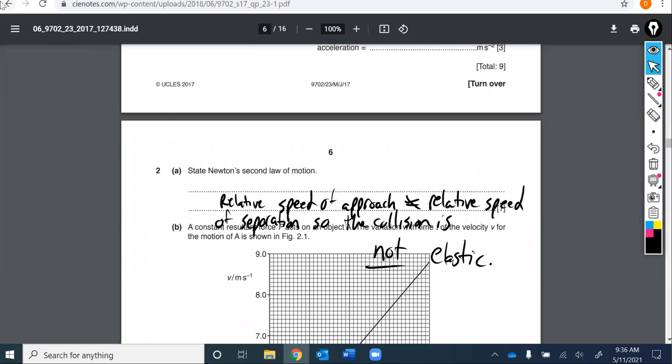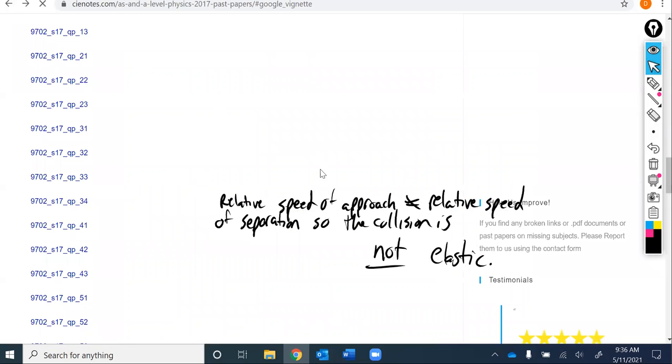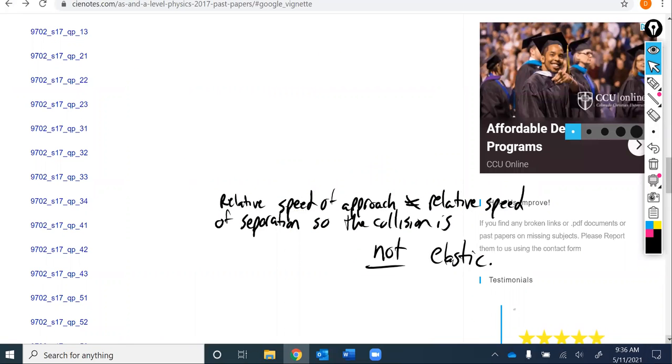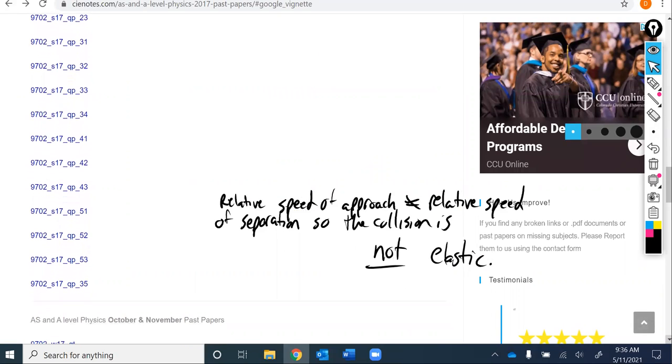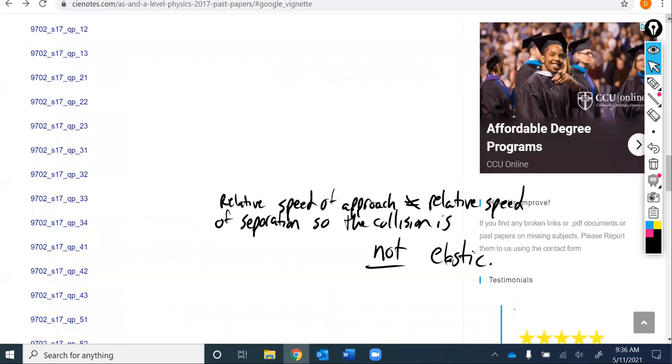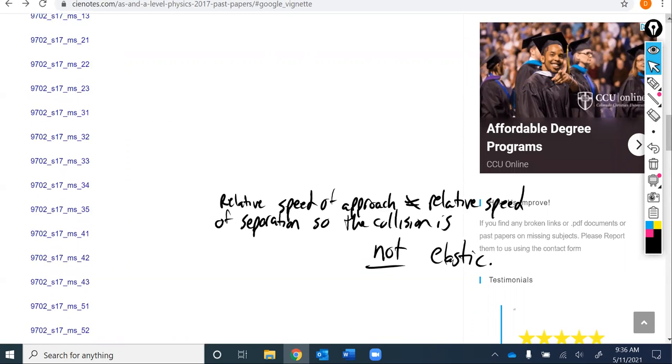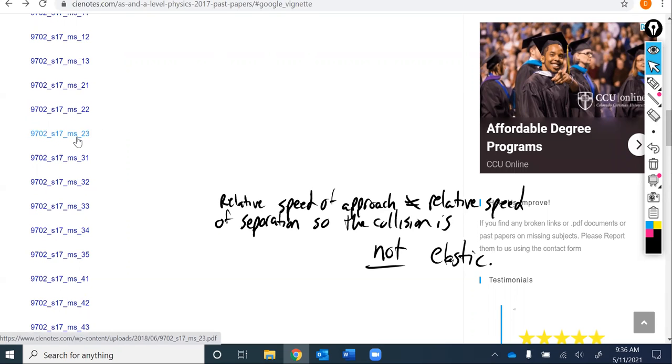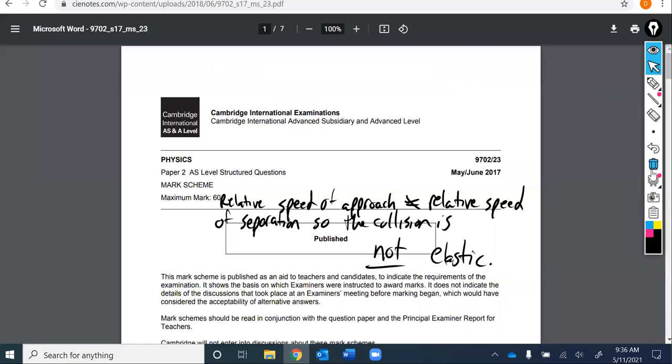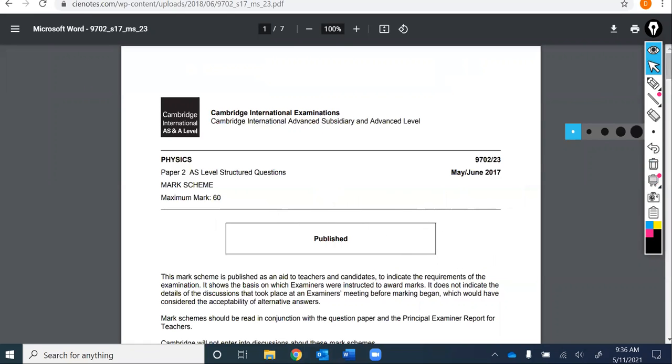Paper 23, May/June. So looking at the CIEnotes.com website, great resource. We were just looking at question paper 23 from the summer of 17. So we're going to queue up the mark scheme for the same year, same paper. Let's look at question 2 now.